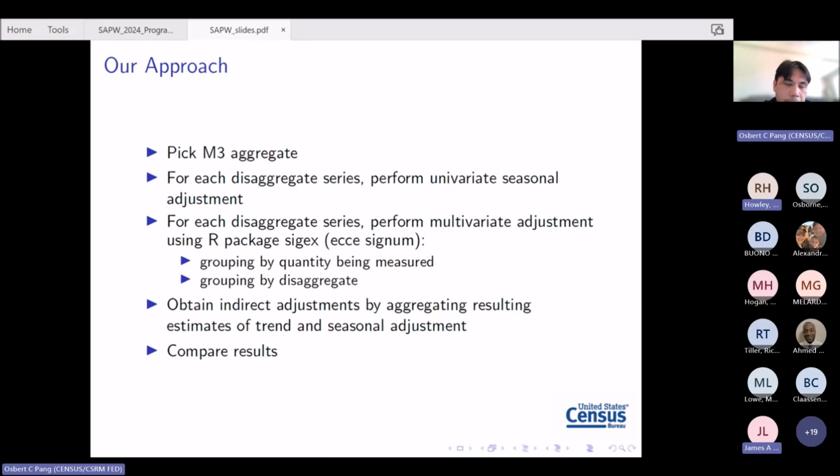We'll group them this way. And the second way, we group by disaggregate. That is, we group multiple series that are measuring some facet of beverage manufacturing, for example. We obtain the indirect adjustments by aggregating the resulting estimates of trend and seasonal adjustment, and we'll just compare results.